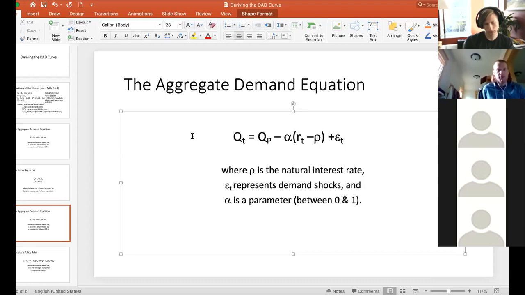So here's something that you should be aware of. This may not feel intuitive yet, but this is really a very simple model. Like, for example, Chester, where does fiscal policy come into this equation?